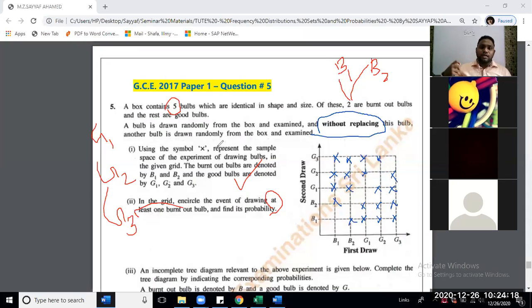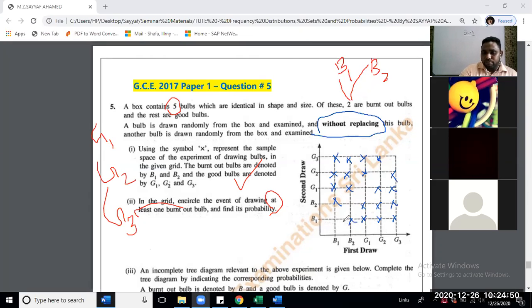So both can't be good bulbs. It can either be that both are burnt out, or the first one is burnt out and the second one is good, or the first one is good and the second one is burnt out. So first take your pencil and mark which ones you are going to encircle. You can't have good and good, so you have to mark.